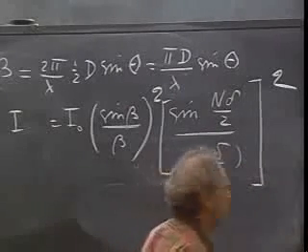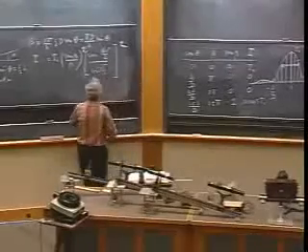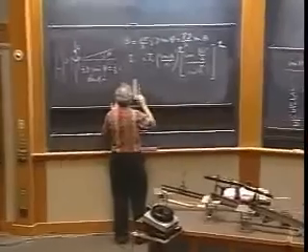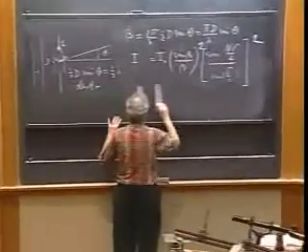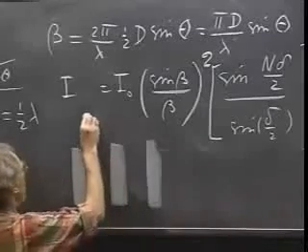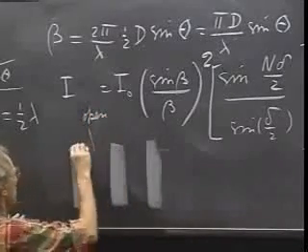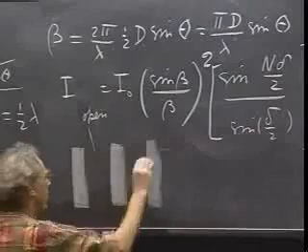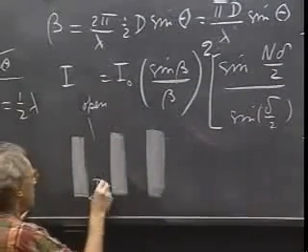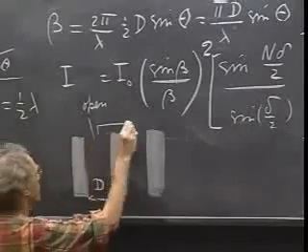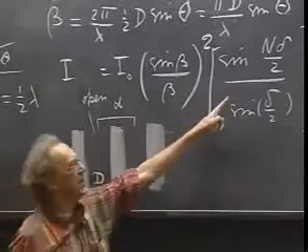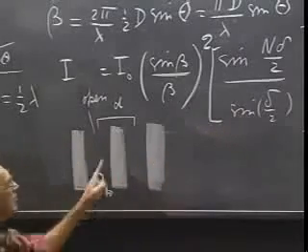To make sure that you understand the difference between the two Ds, if this is my grating, and this is the open area, and this is, say, where the light cannot go through, then the definition of little d is this, and the definition of capital D is this. That little d shows up in here, and this capital D shows up in there.